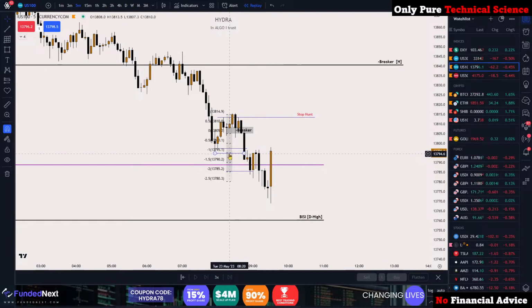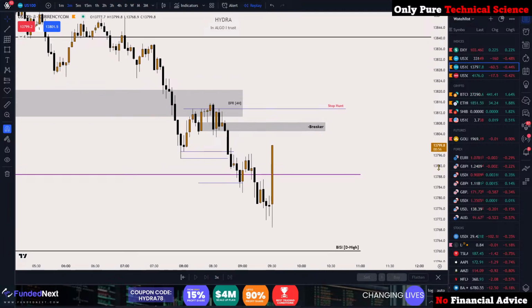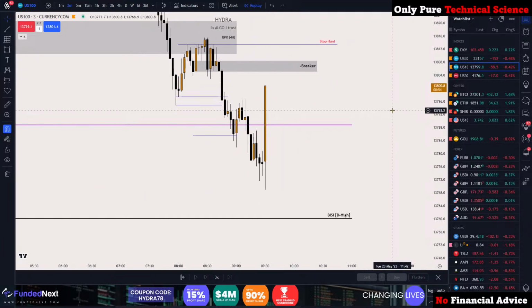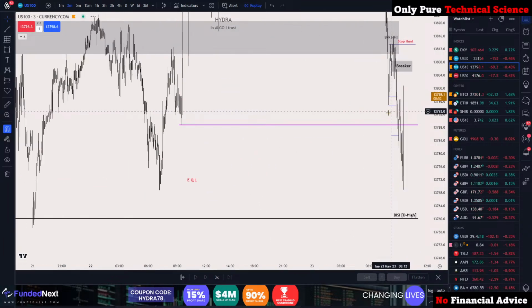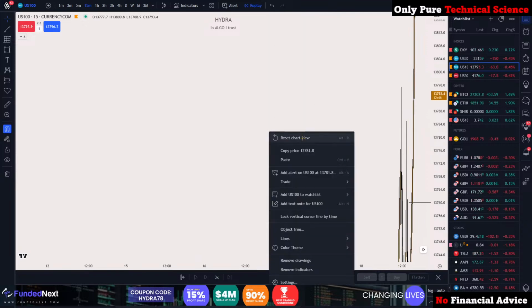On Nasdaq, price did some good price action today compared to US30. Nasdaq did really well. Nasdaq came down. Nasdaq left these relative equal lows.